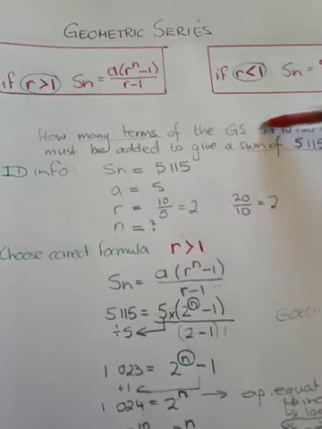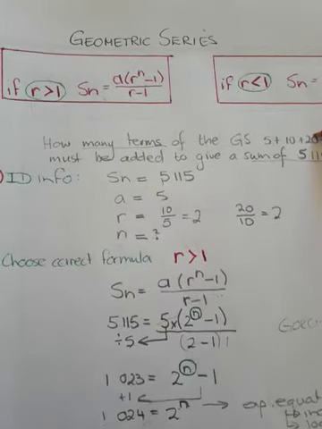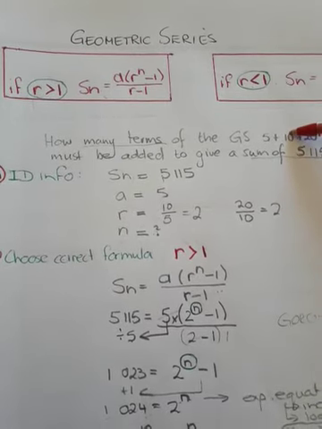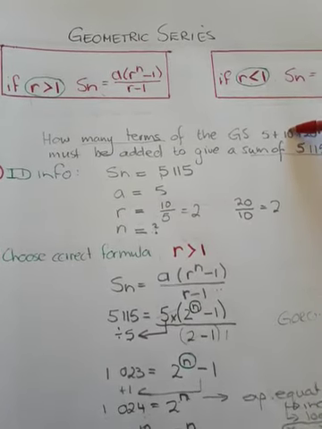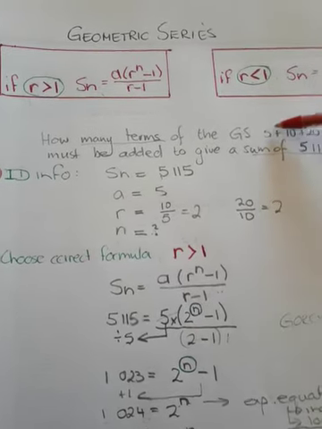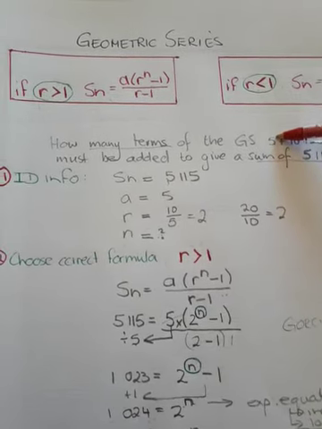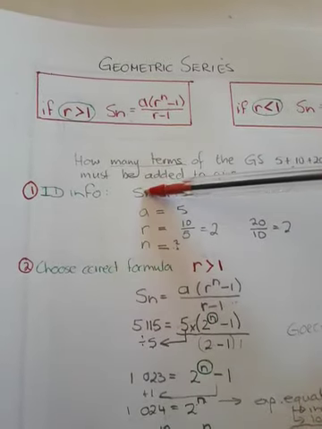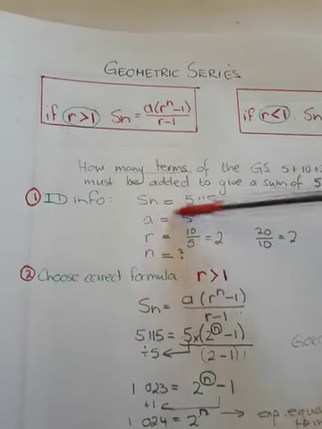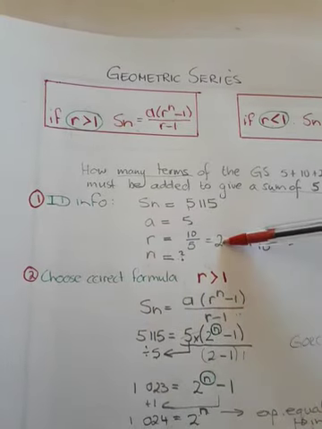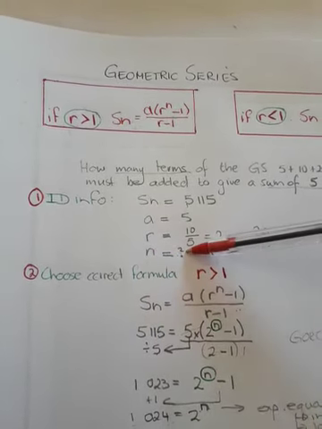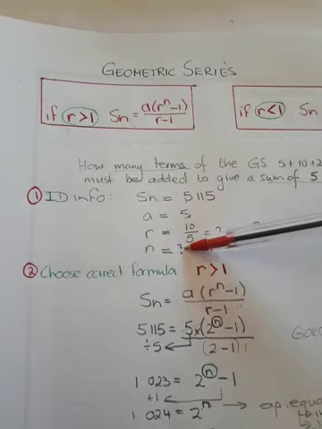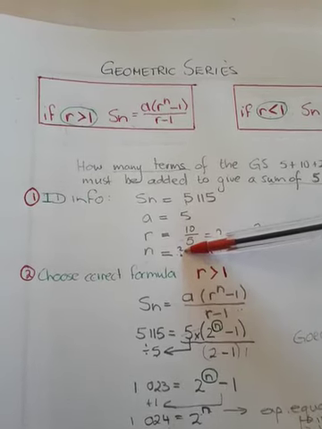Or you can just simply quickly work it out, right, by either getting the common difference or the common ratio, and then you know which formula to use. Okay, then you identify your variables. In this case, it's Sn given, A given, R. You must calculate the value of N.